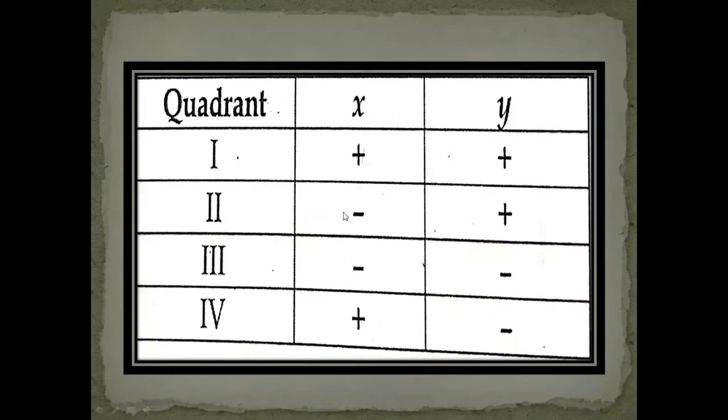If the x component is negative and the y component is positive, this ordered pair belongs to the second quadrant. If both x and y are negative, it belongs to the third quadrant. And if x is positive and y is negative, it belongs to the fourth quadrant.